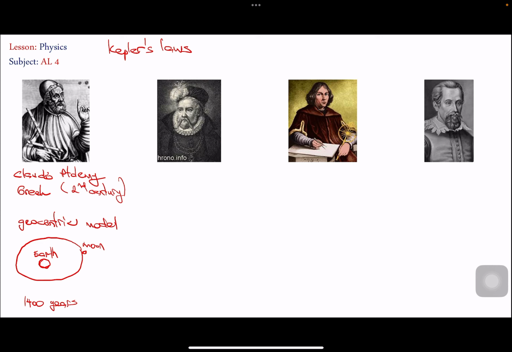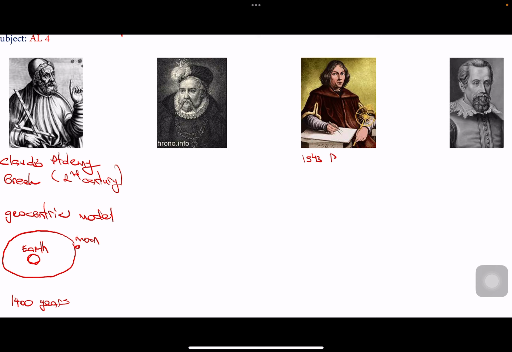After him, in 1543, the Polish astronomer Nicholas Copernicus, who was from Poland, predicted that all the planets are revolving around the sun.